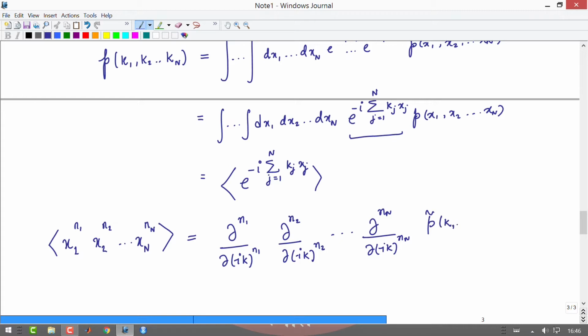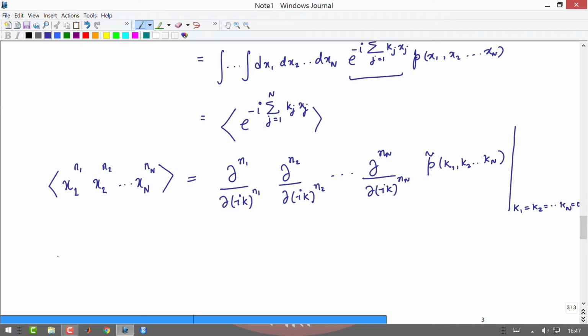Okay. And this entire derivative is taken at k1 equals k2 equals all the way up to kn equals 0.